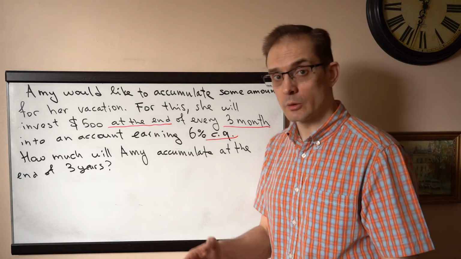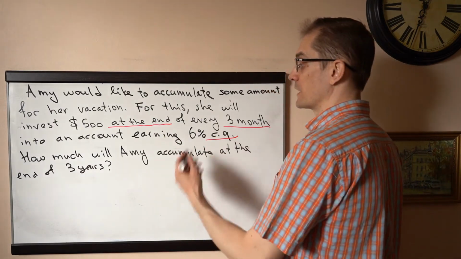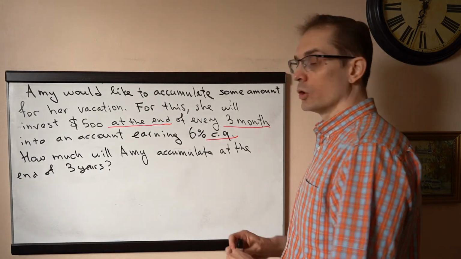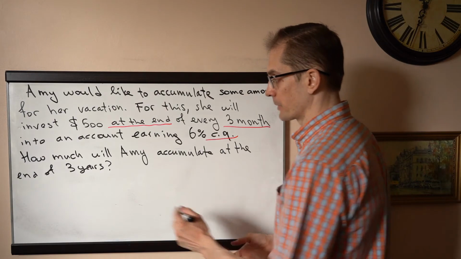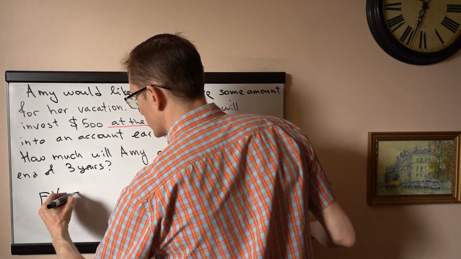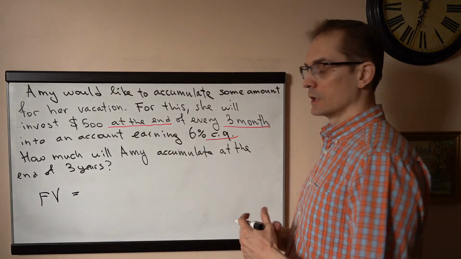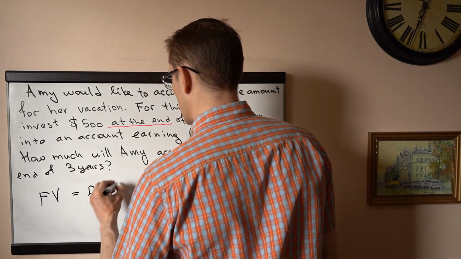And it's future value, obviously, because that's the accumulation process. And we are asked about that amount at the end of the term of this annuity. Okay, so now let's calculate that future value. Now we can right away put our values in. So we have $500 for our payment.